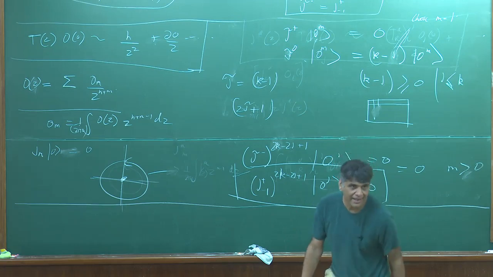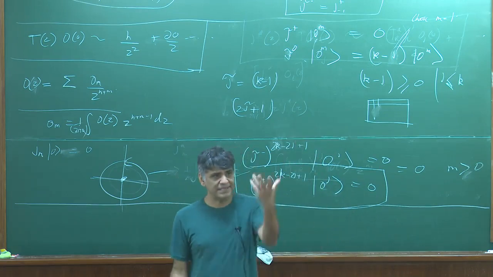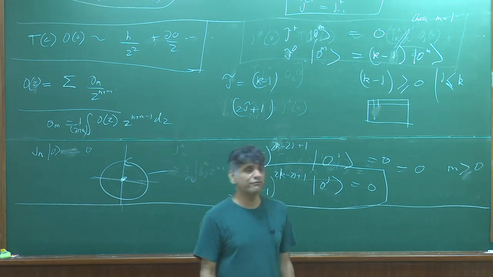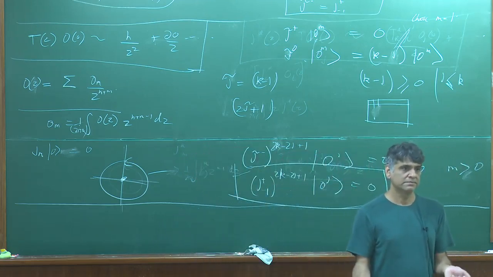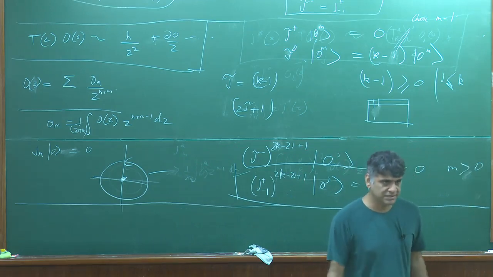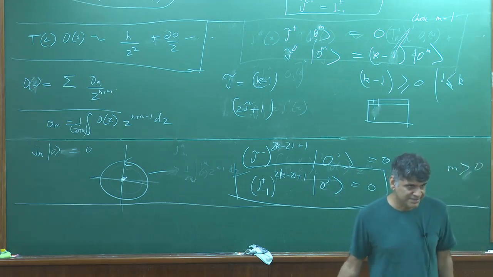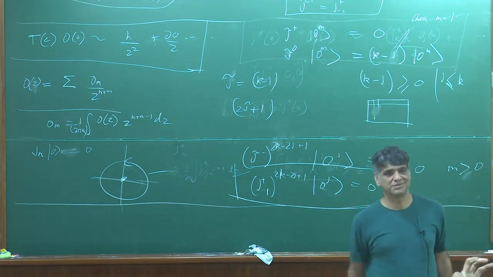But the primary labels the module. You have different primaries, you have different modules. Possibly you have two different primaries with the same representation. They give you two different modules which are isomorphic as far as the Lie algebra is concerned. Clear? Not so different from highest weights in SU2.